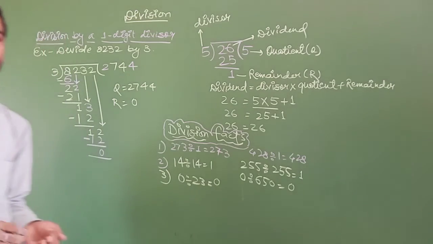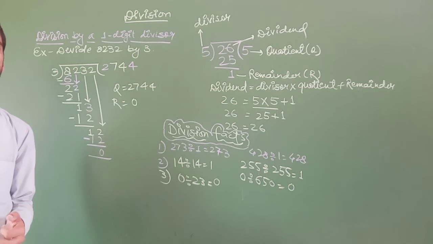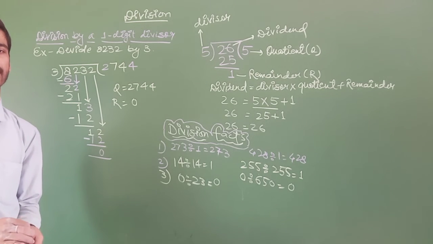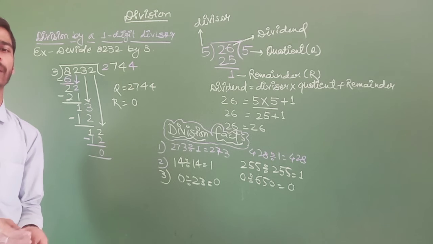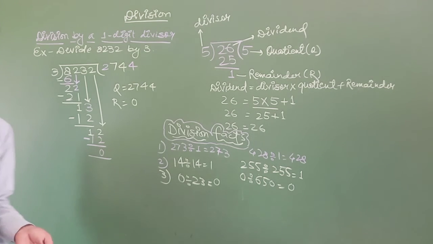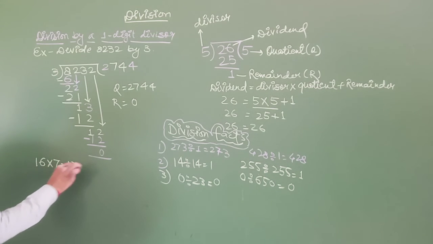You know that division and multiplication are related. Every multiplication fact has two division facts. As an example, 16 multiply 7 is equal to 112.